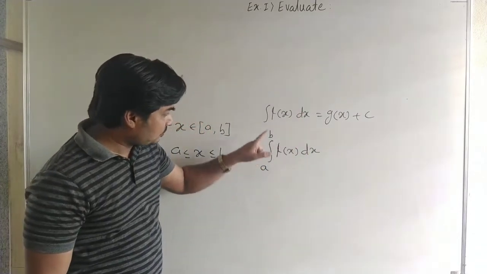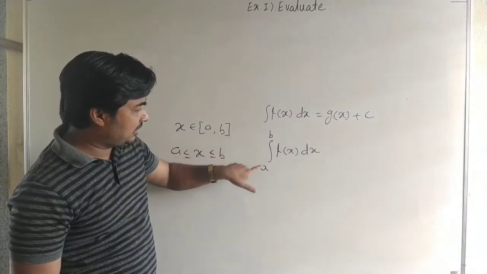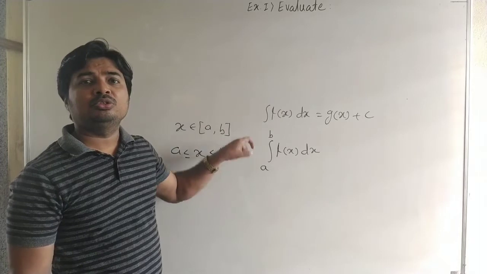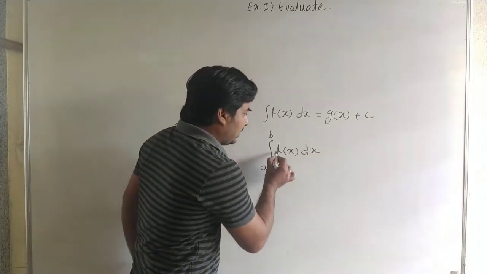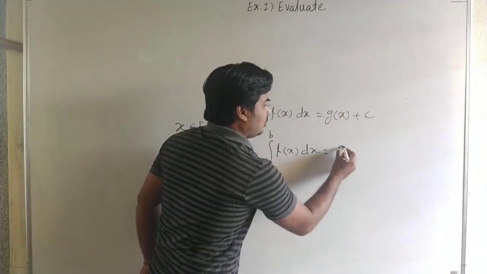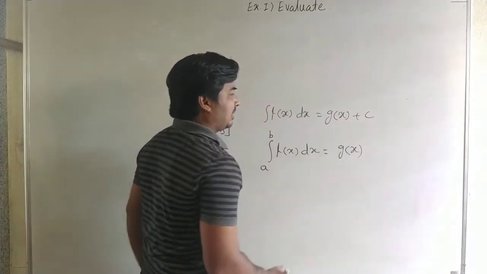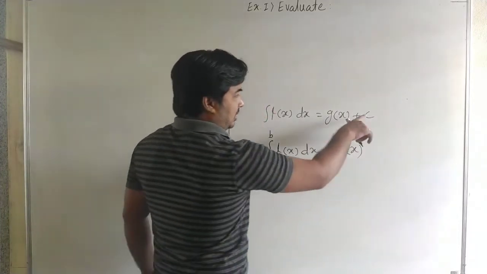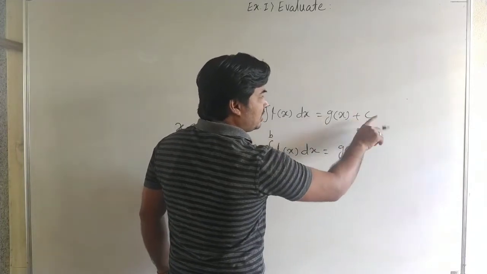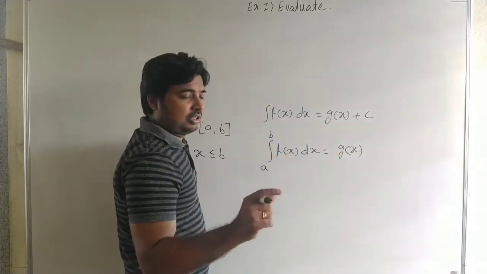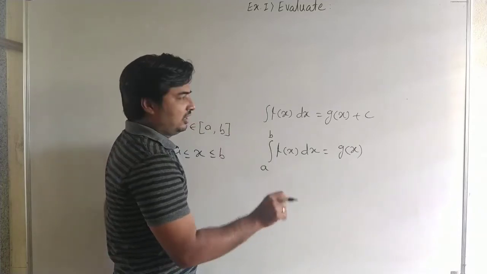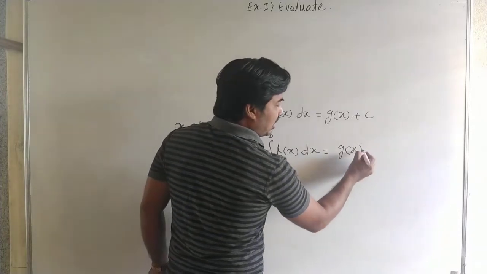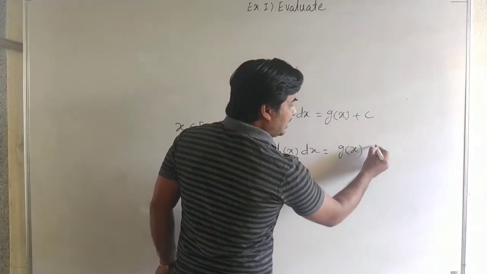Now the limit is a new term introduced in a definite integral. The integral of f of x is equal to g of x. In an indefinite integral it is compulsory to write the integral constant, but in a definite integral we cannot write the integral constant.